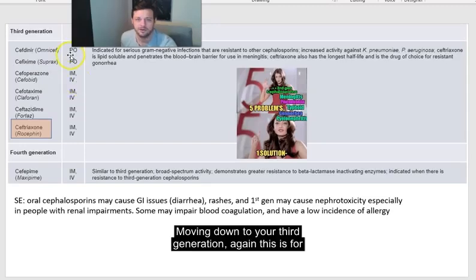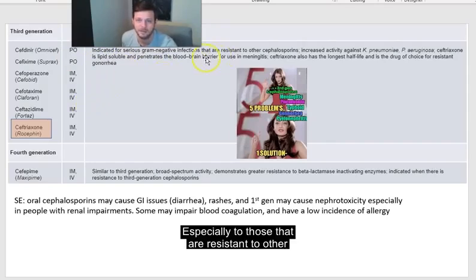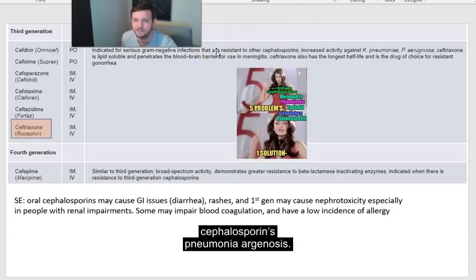Moving down to your third generation, again, this is for severe infections. Like you have to go to the hospital to get these, right? Especially to those that are resistant to other cephalosporins, pneumonia, aeruginosis.